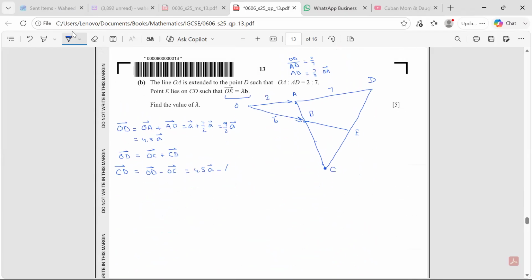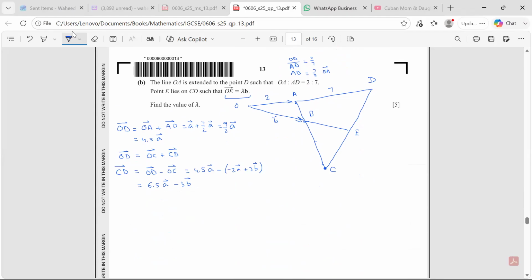So if I simplify this, it will become 4.5a plus 2a, which is 6.5a, and minus 3b.